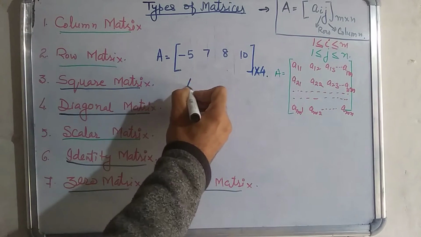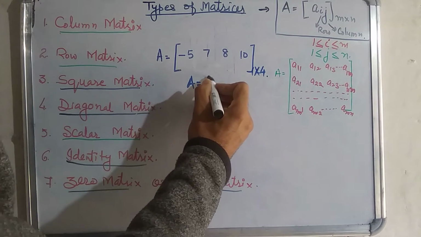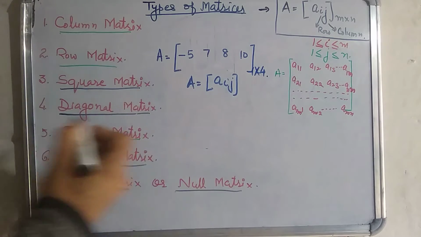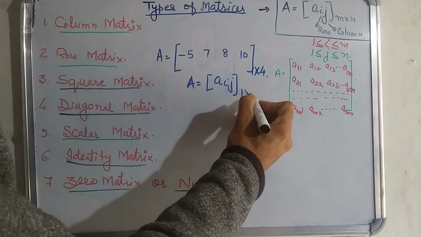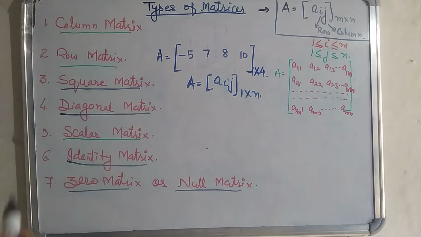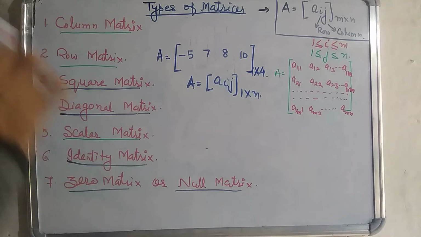In general, we can write A equals matrix a_ij, where the order is 1 by n. So a matrix is said to be a row matrix if it has only one row.